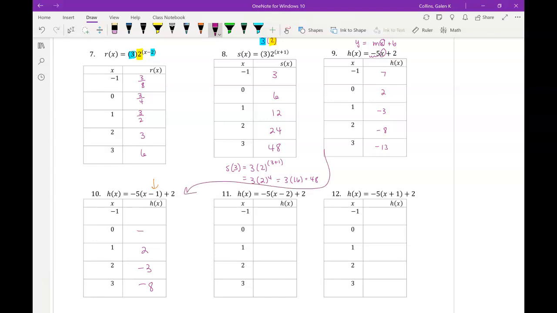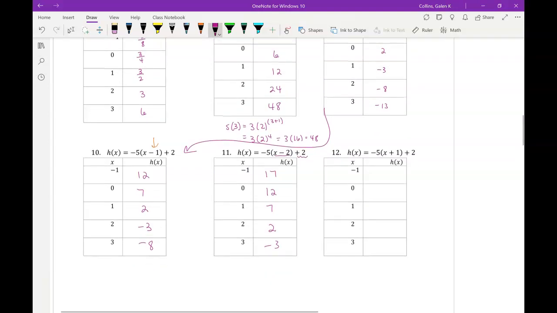So let's see, we would have a 7, and then working backwards, that would have to be a 12. All right, same reasoning in number 11, that when I have x minus 2 here, my constant is not my y-intercept, but it's the value of y when x is 2. So that means this is -3, this is 7, 12, and 17.